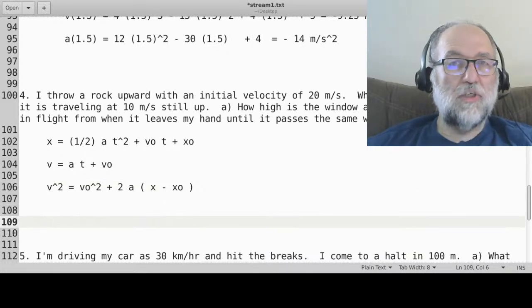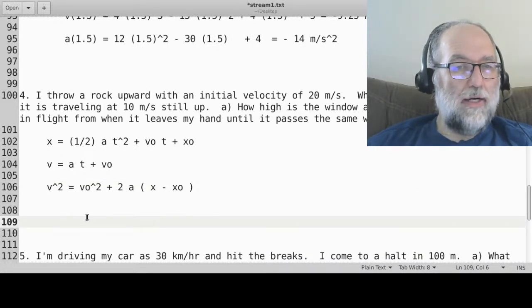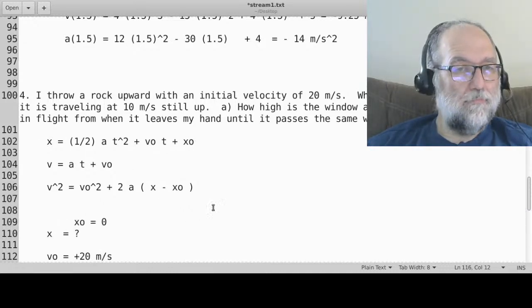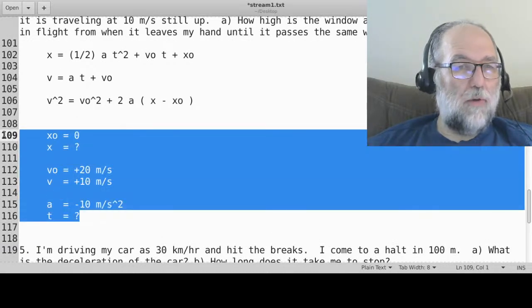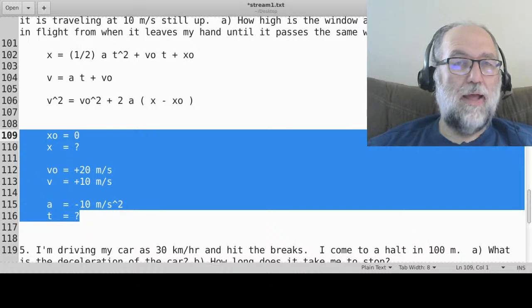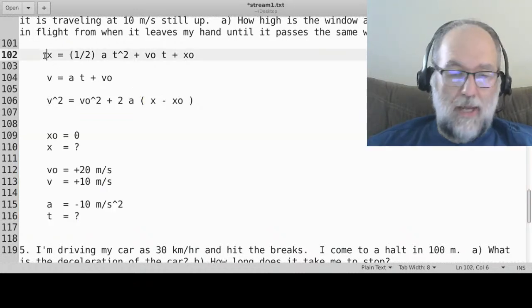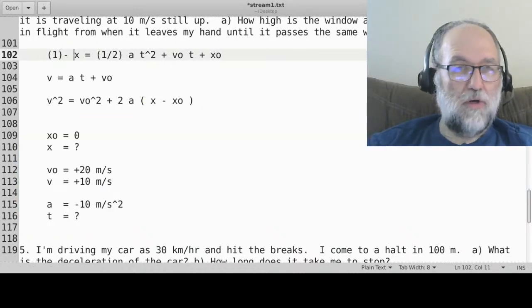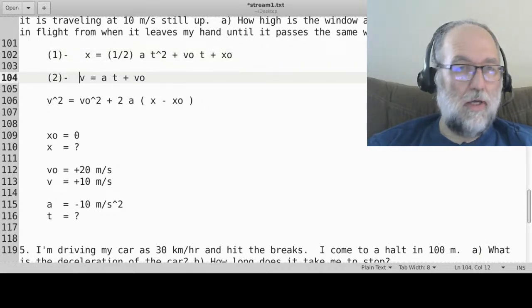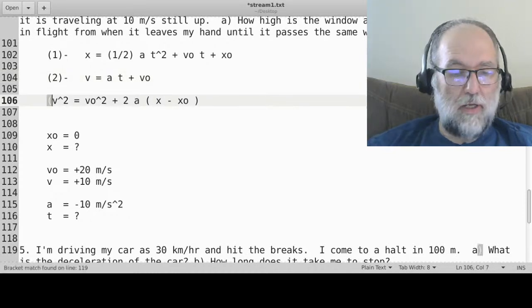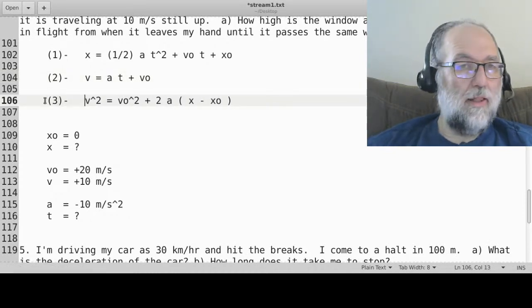And let me just cut and paste the quantities that we determined from the picture. These are exactly what I wrote a minute ago in the picture that we drew. Maybe I should give these equations a name. This we called equation number 1. This one we called equation number 2 in the notes, and this one equation number 3.